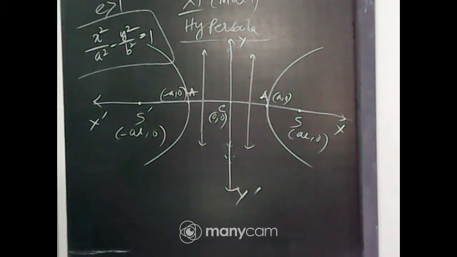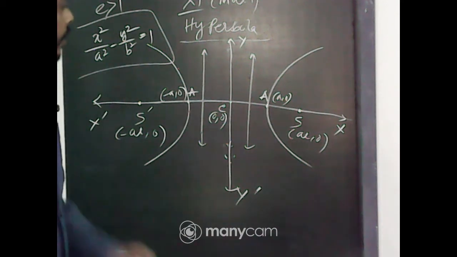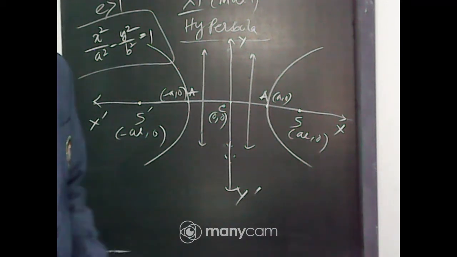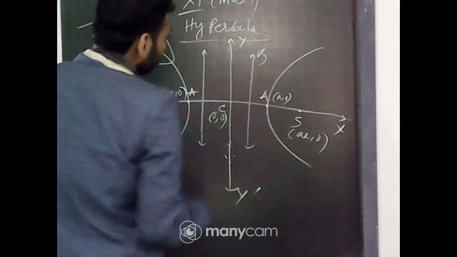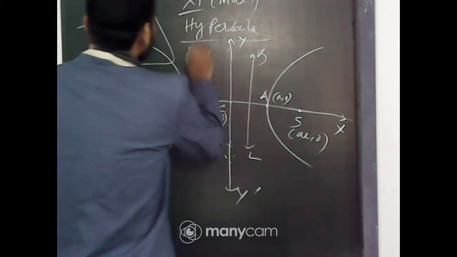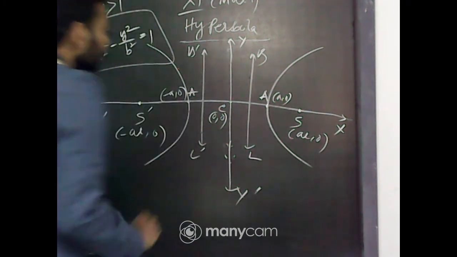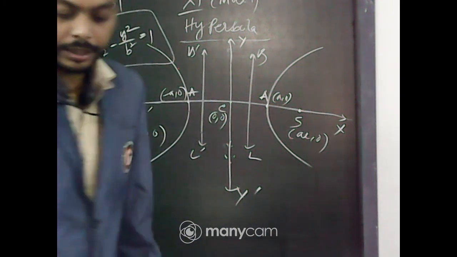Now tell me about the directrices. Which are the directrices here? This is one directrix, suppose KL and K dash L dash, two directrices.